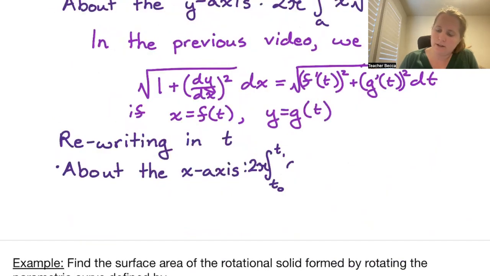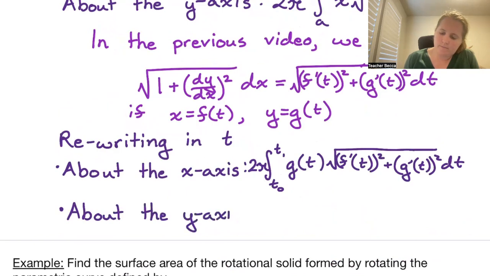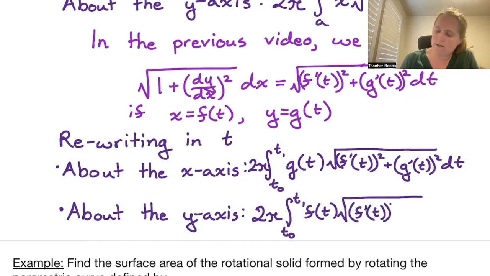So we have g of t times the square root of f prime of t squared plus g prime of t squared, and then dt. About the y-axis, we have 2 pi times the definite integral from t naught to t1 of x, which is f of t, times the square root of f prime of t squared plus g prime of t squared dt.